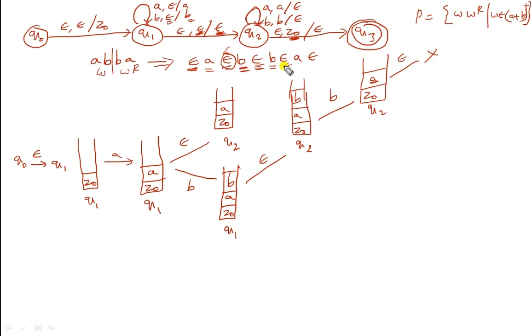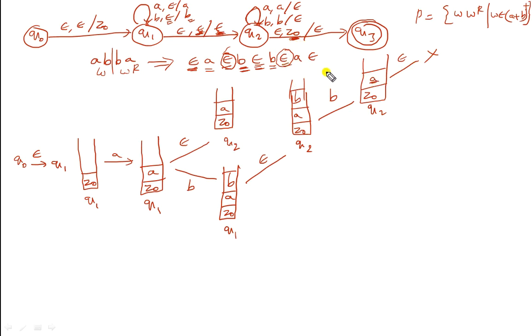So what does it mean? Don't consider this particular epsilon, because the path cannot be continued. Here we need to pop Z0, but the top of the stack contains A, which is not possible.